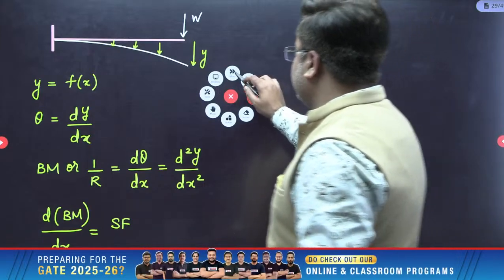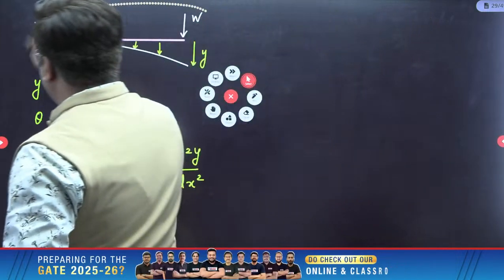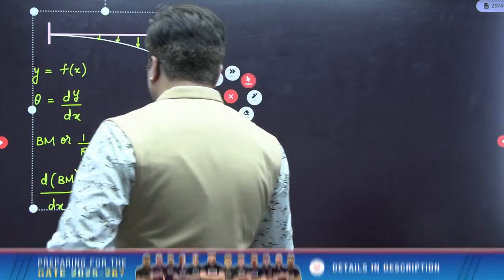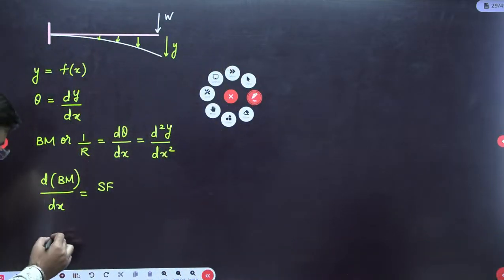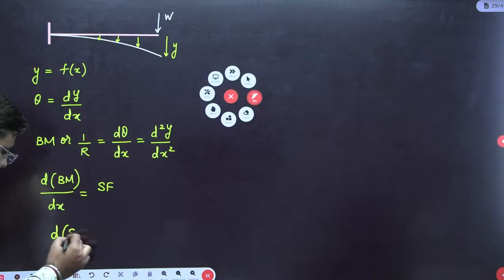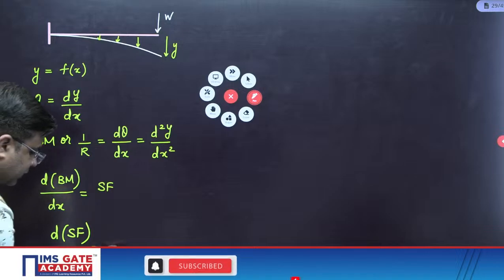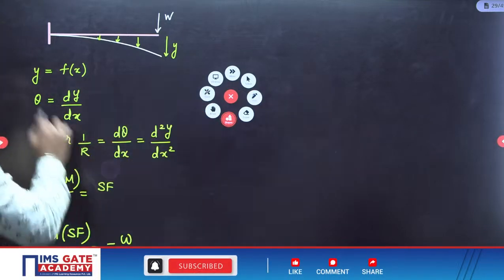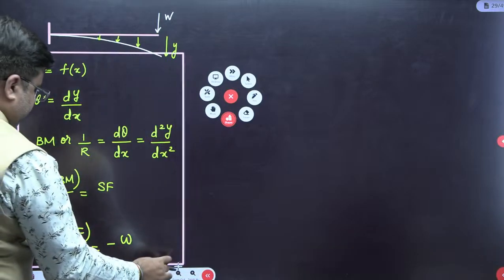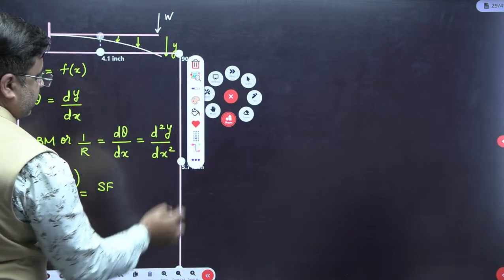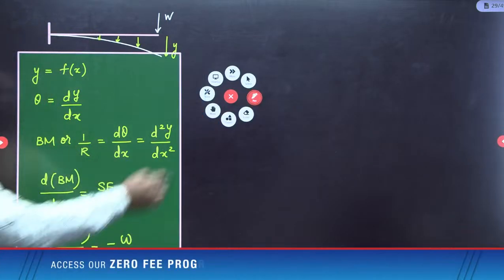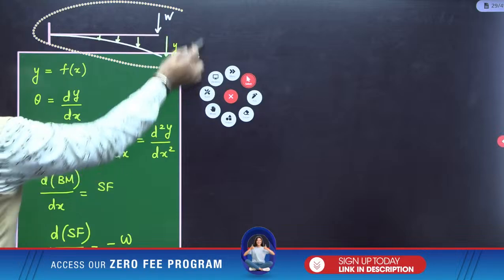And last, the slope of the shear force diagram, dSF by dx, is minus times the intensity of loading. This chart you should remember, because from this chart a good quality question can be asked, right? Always remember this chart.